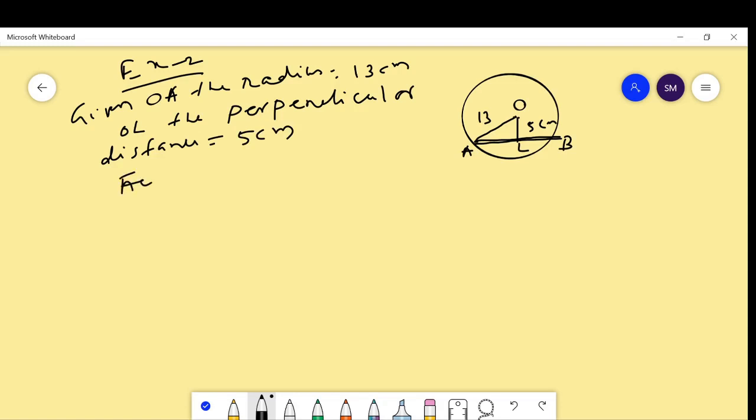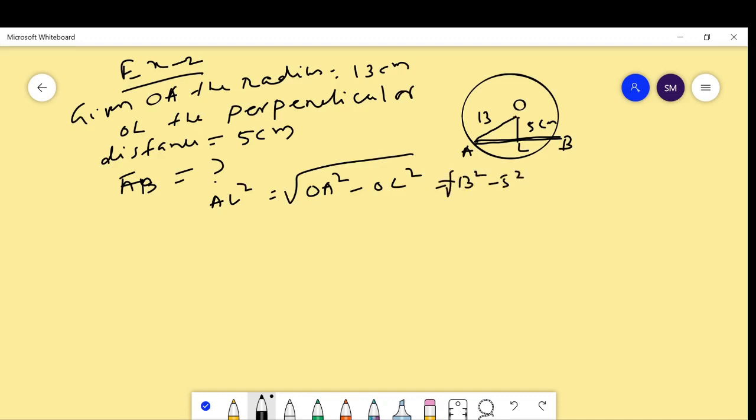We have to find the length of the chord AB. By using Pythagoras theorem, AL is equal to the square root of OA square minus OL square, which is the square root of 13 square minus 5 square, the square root of 169 minus 25, the square root of 144, equal to 12 centimeter.